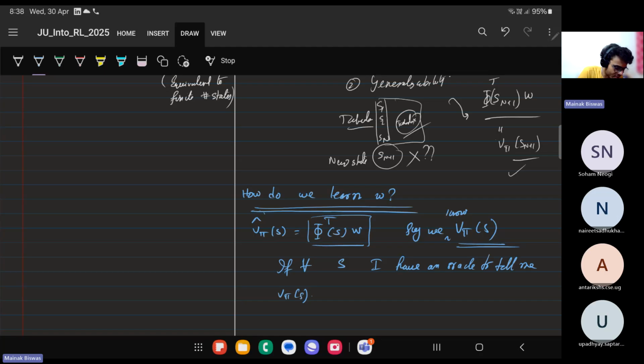This is basically trying to learn y equal to mx plus c. Your x is given, y is given. That's all you want to learn. How do you learn it?